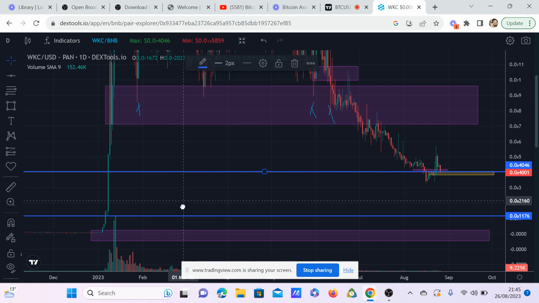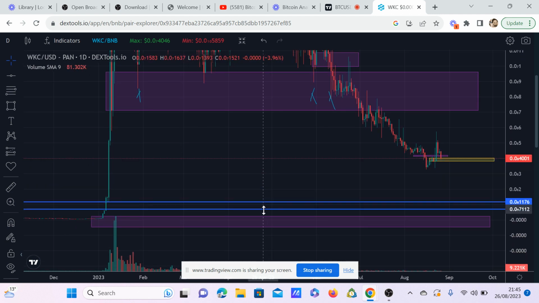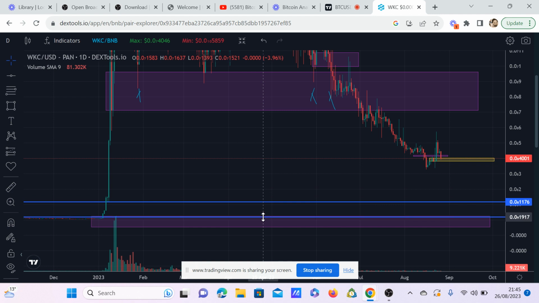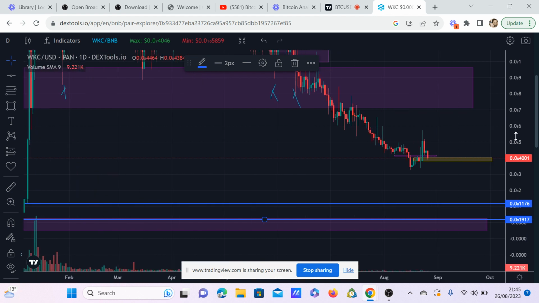Sorry, this is somewhere our order block level. That's our blue line. Well, it can come even lower, below the blue line. But for safe reasons, this is the level I expect WikiCat to get to.